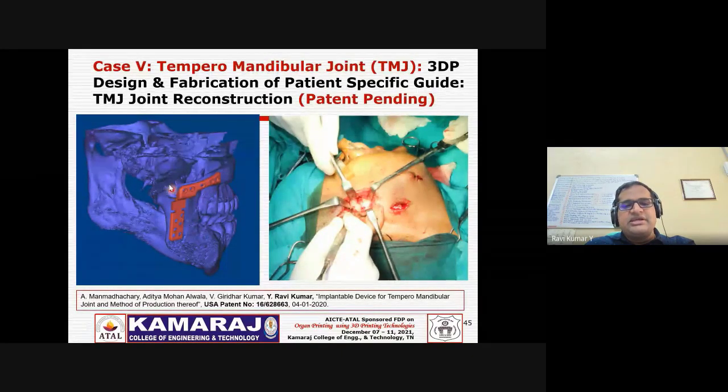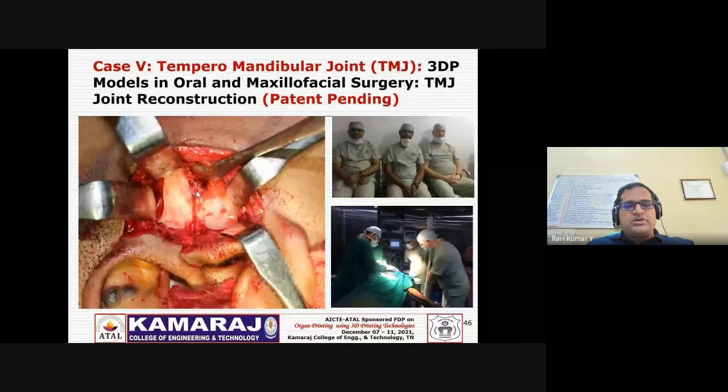They have used this guide to fix the screws, and I was very well there inside the surgery, myself and my PhD scholar and my collaborator, Professor Anne Gibson from Australia.